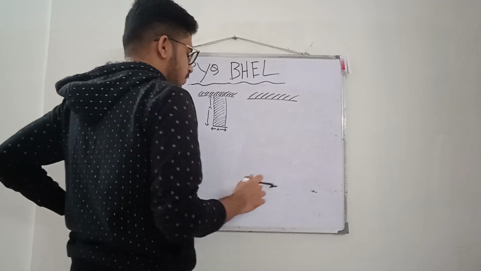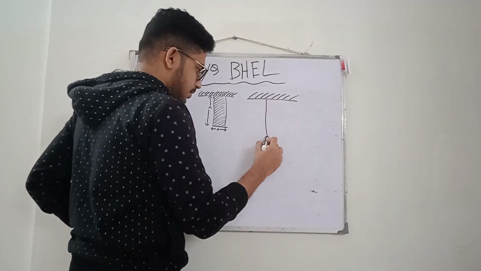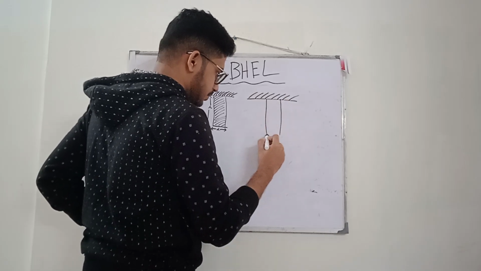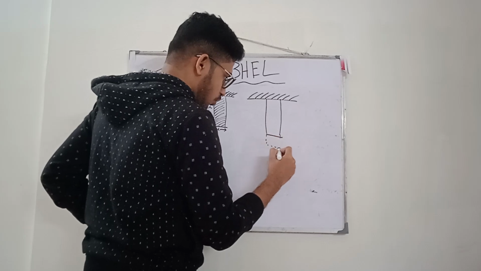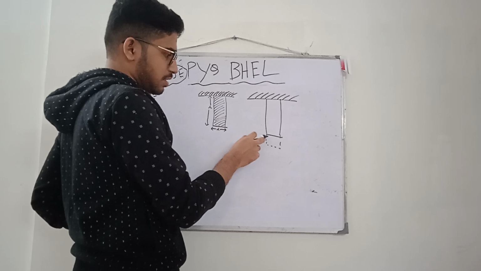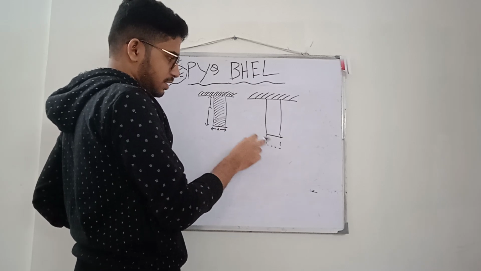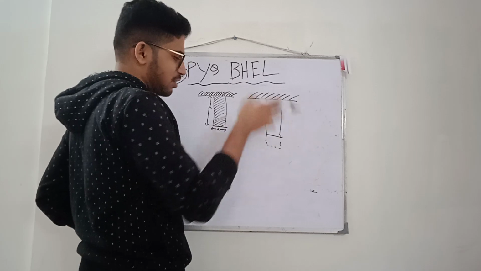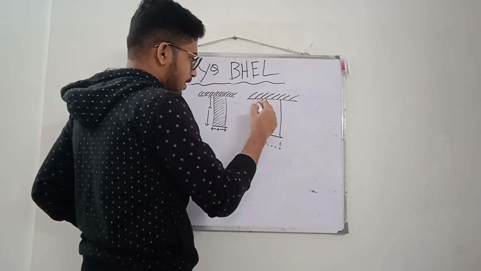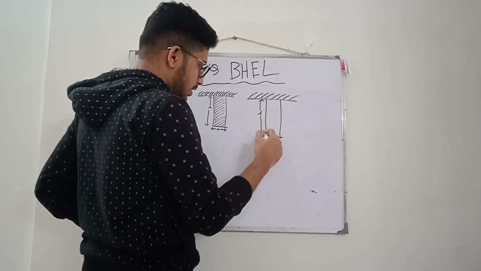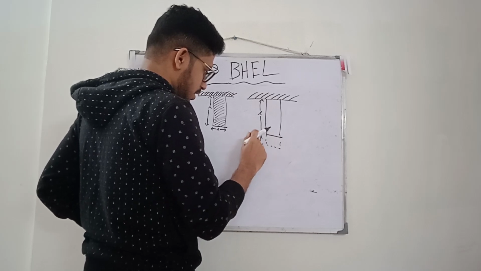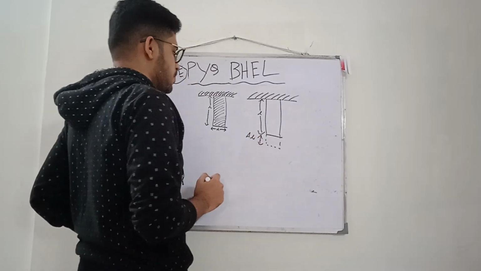Suppose the dotted line denotes that it is elongated due to its own weight or any other kind of force. So this is the length, and this is a change in length.